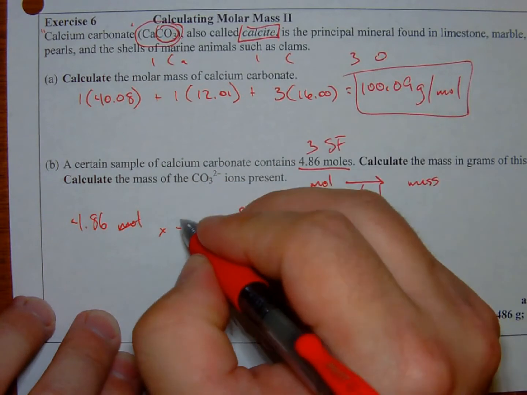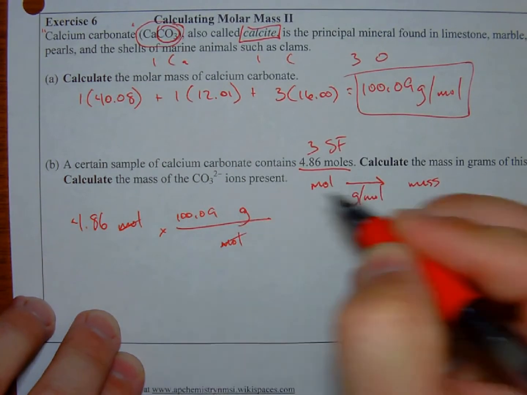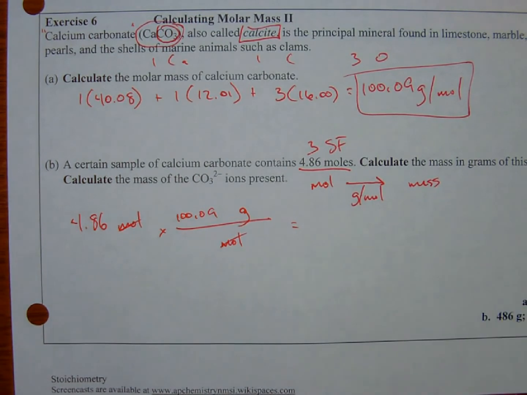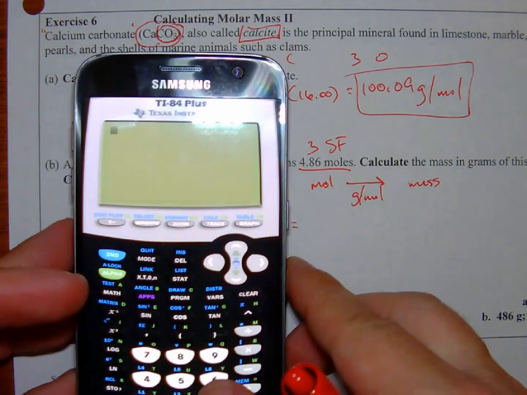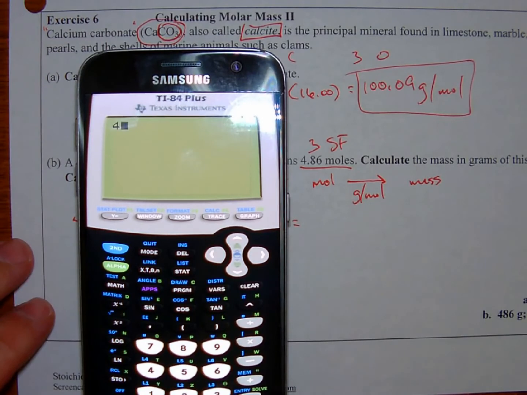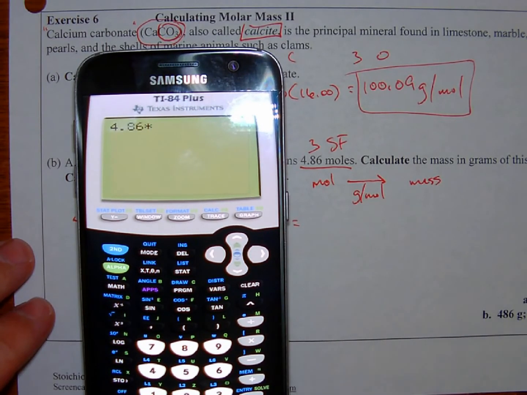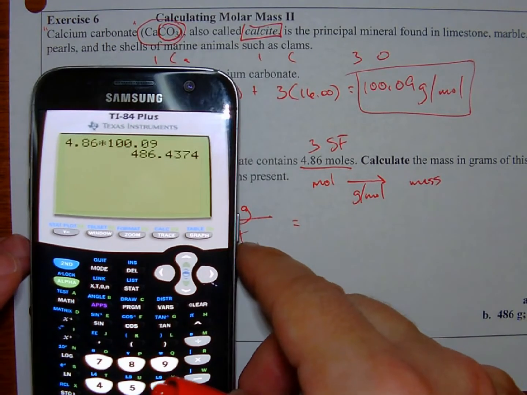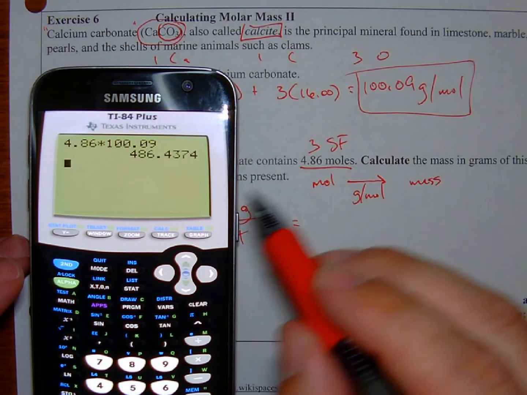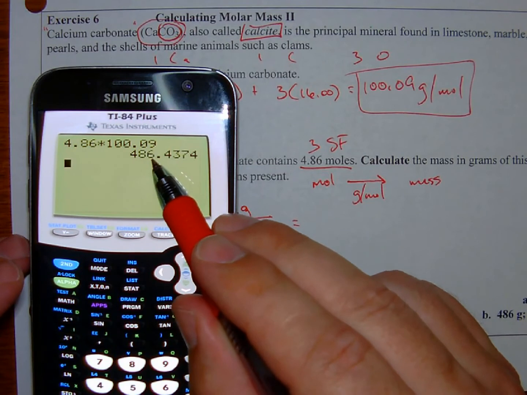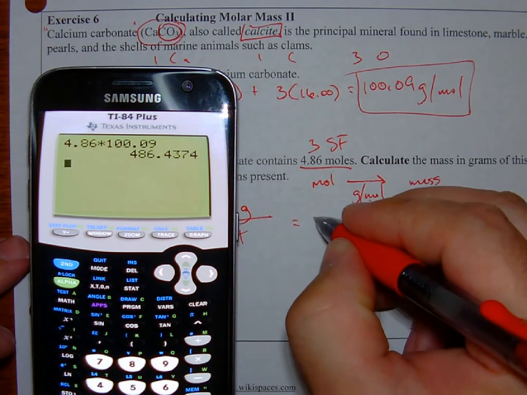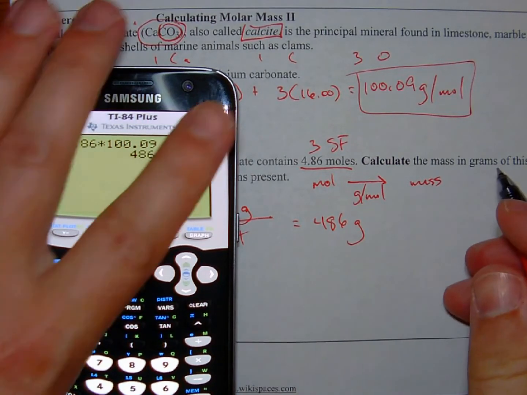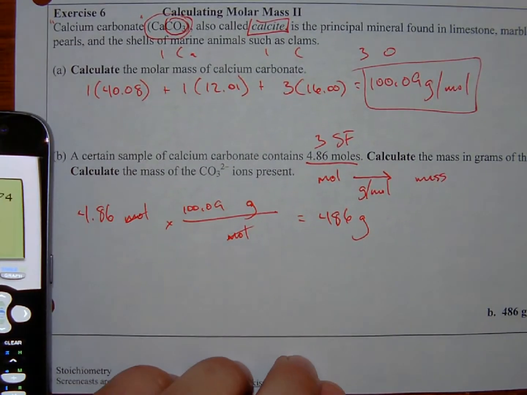And what is it? 100.09 grams. And let's calculate. 4.86 times 100.09. Again, I wanted 3 significant figures, so right there, that 4 tells me to keep it the same, so 486 grams. 486 grams.